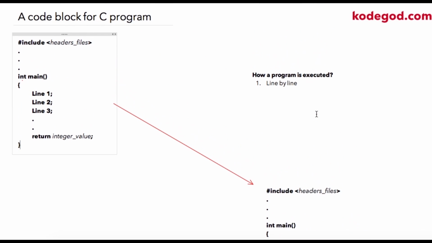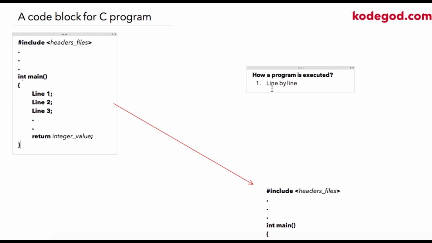Before that, I just want to make a point about how exactly a program is executed. Now, when we say execution, it doesn't mean actual execution, but when we talk about the compiler, it compiles your code line by line, and when it gets converted into machine code, that machine code is also executed line by line.